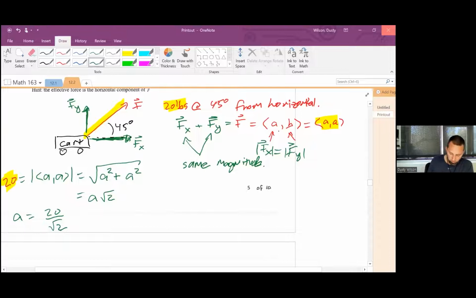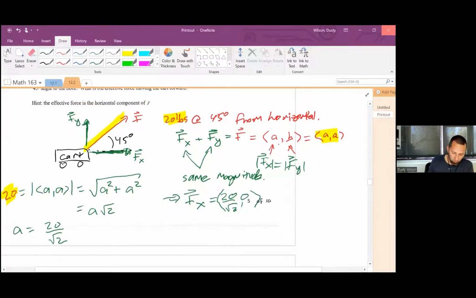Which tells us, put all this stuff together, this tells us that Fx is equal to 20 over root 2, but that's the x component. The y component will be 0.